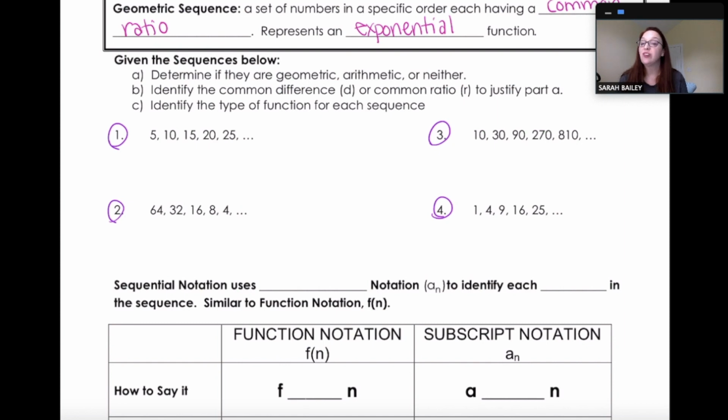If you say it is arithmetic, you give me a common difference. If it's neither, then you just don't say. And then part C, identify the type of function for each sequence. Is it a linear function or an exponential function? So pause the video and do those 4 problems now.